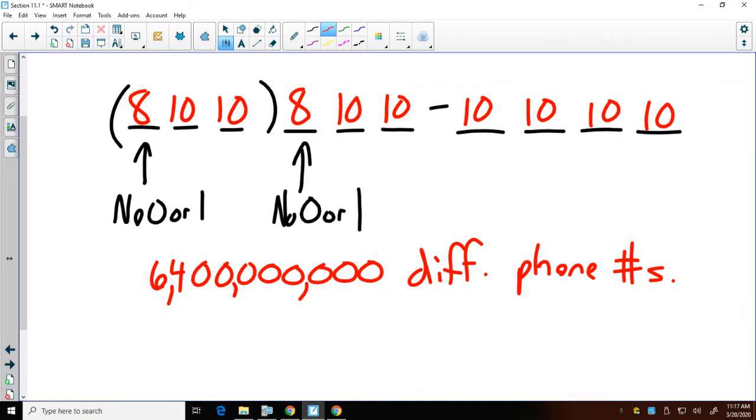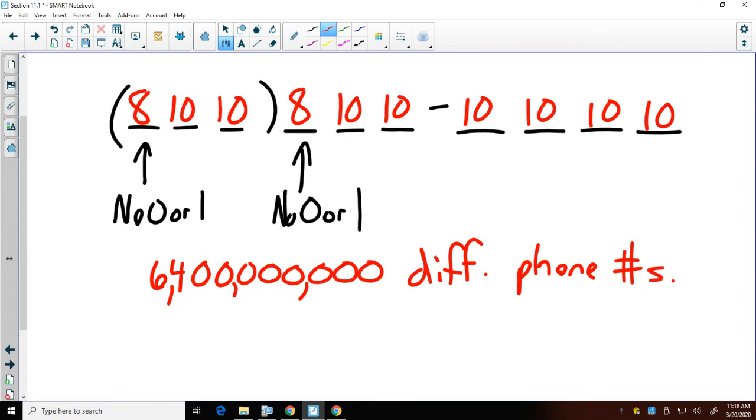Pretty cool, right? The other thing is it is possible to max that out, but because we have mortality rates here in the United States, as people pass away for whatever reason, numbers become available again.